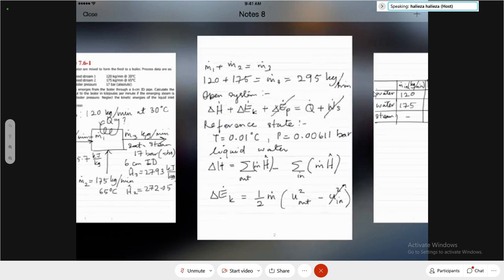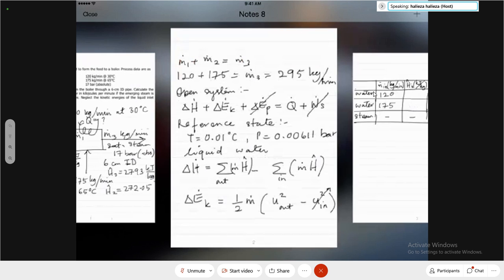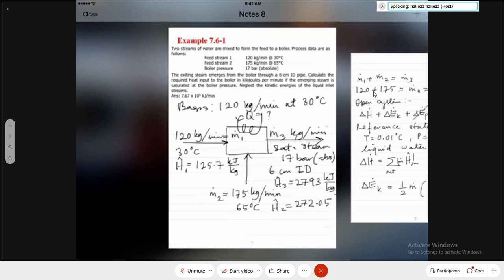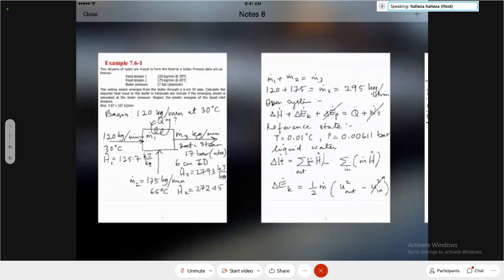Okay, let's look at the values that we have noted down, the enthalpies before that. You have the enthalpies here. The enthalpy for the stream coming in, 125.7 for the first stream, and for the second stream, 272.05. And the outlet, the enthalpy is 2793. So let's put in those values inside our table.